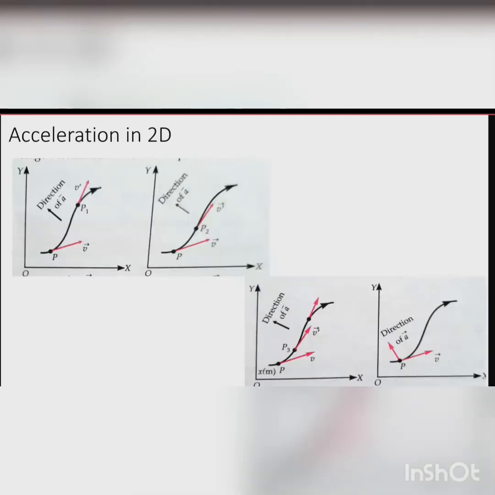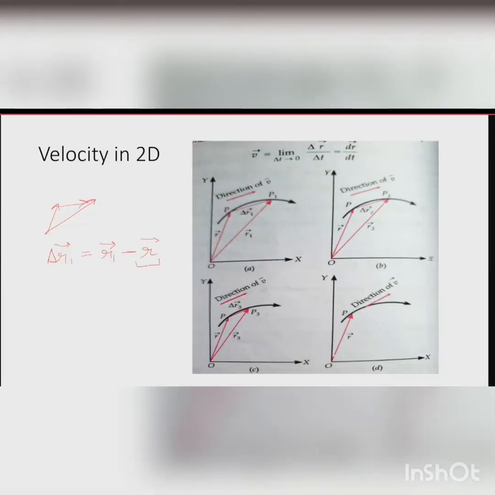Okay, now if I have to talk about acceleration in 2 dimensions, acceleration we already know is the rate of change of velocity. Fine. Let's look at the notation that we use for velocity also.